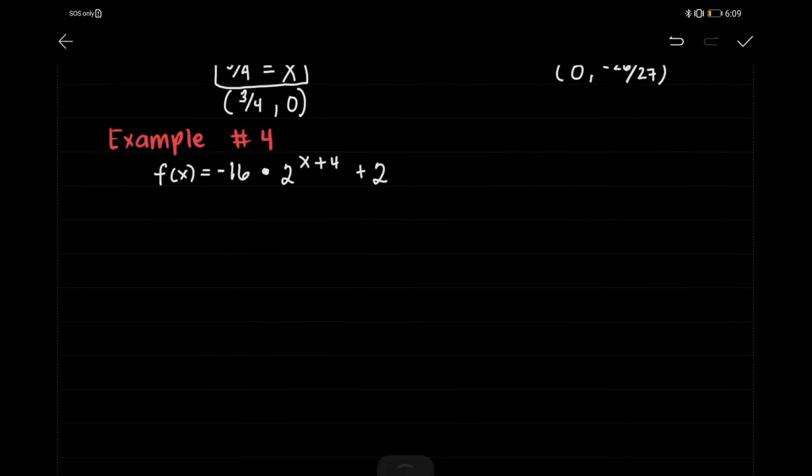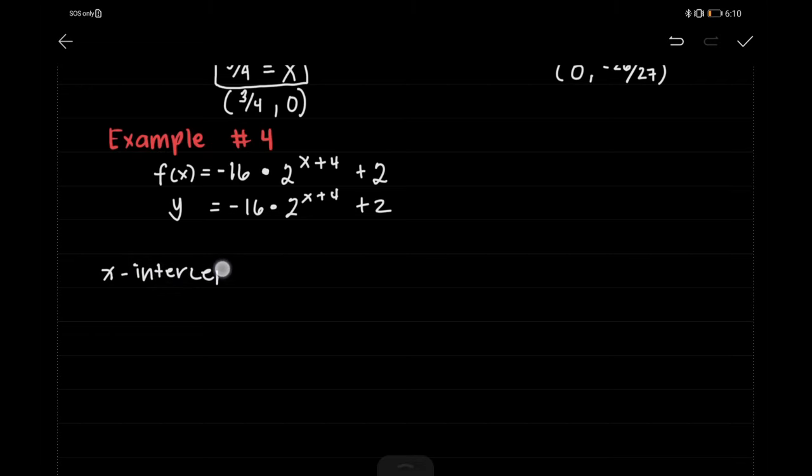Next is negative 16 times 2 raised to x plus 4, plus 2. So, in this case, itong f of x, gawin natin siyang y. Bring down natin, y equals negative 16 times 2 raised to x plus 4, plus 2. So in this case, let us solve for the x-intercept.